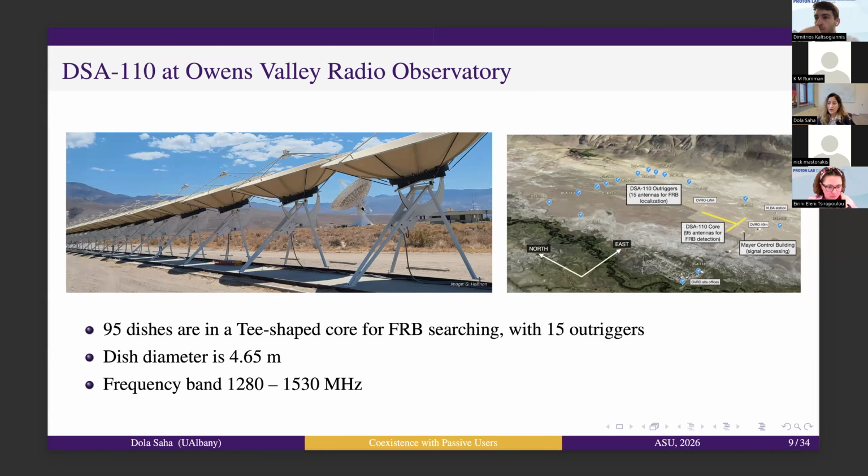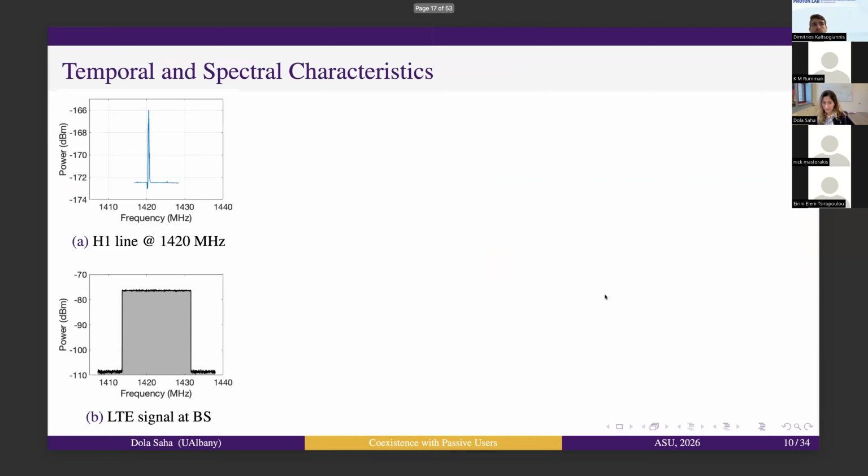So we use array techniques, and these are the actual locations of the antennas. A lot of array techniques are used to get the signal strength higher than using a really large dish. So we captured a bunch of signals from this setup, and we use that for our experiments.